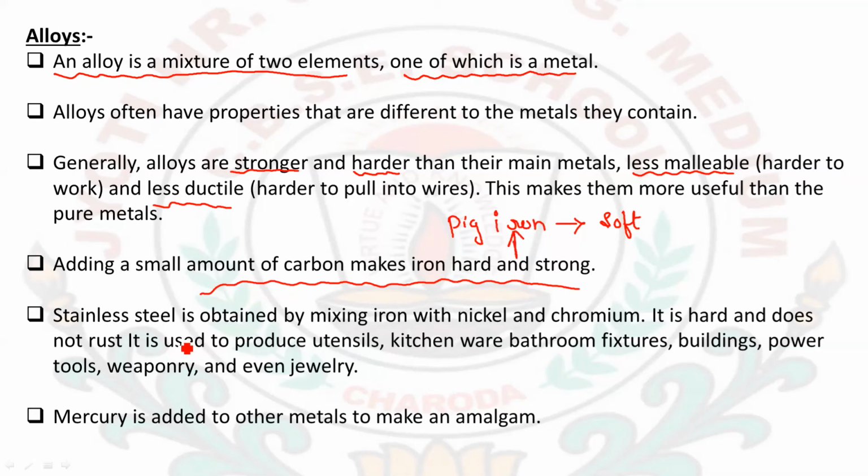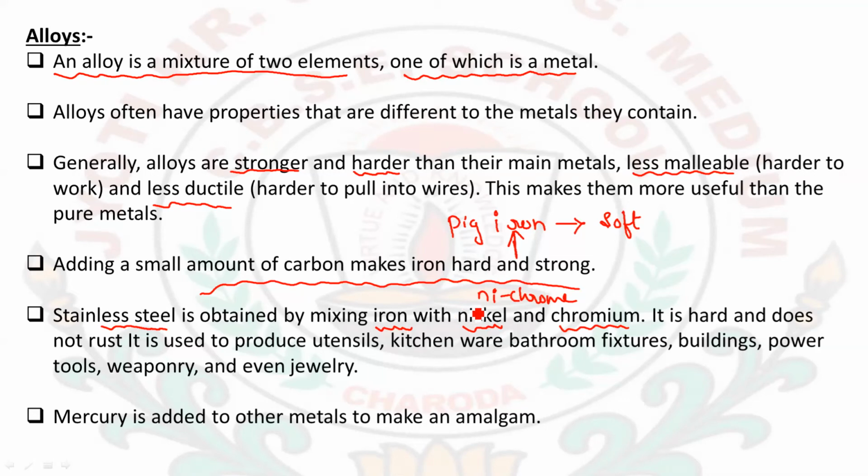Now next, stainless steel, one of the best examples of an alloy which we use in our daily life. It is a mixture of iron with nickel and chromium. When nickel and chromium are used together, they are termed nichrome. So when iron is mixed with nichrome, it forms stainless steel, which is more durable than iron.